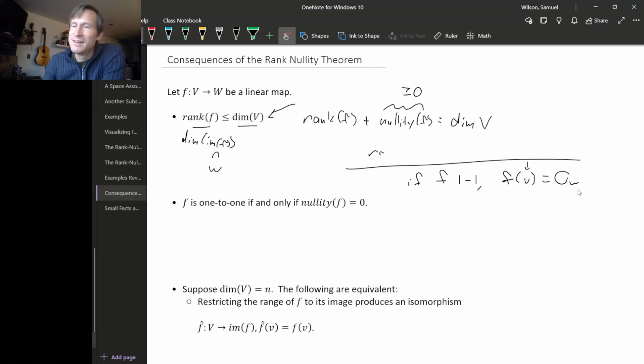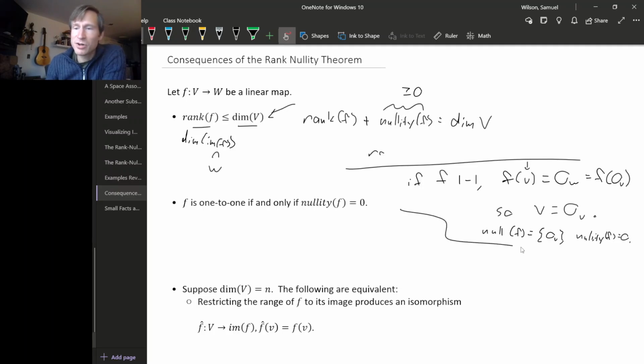Well, another element of the null space is the 0 in V. And if F is 1-to-1 and two vectors produce the same output, that means that the two vectors were the same to begin with, right? Because F is 1-to-1. But what we've just shown is that any element in the null space has to be equal to 0. So that means that the null space of F is only the 0 vector, and that means that the nullity of F is 0.